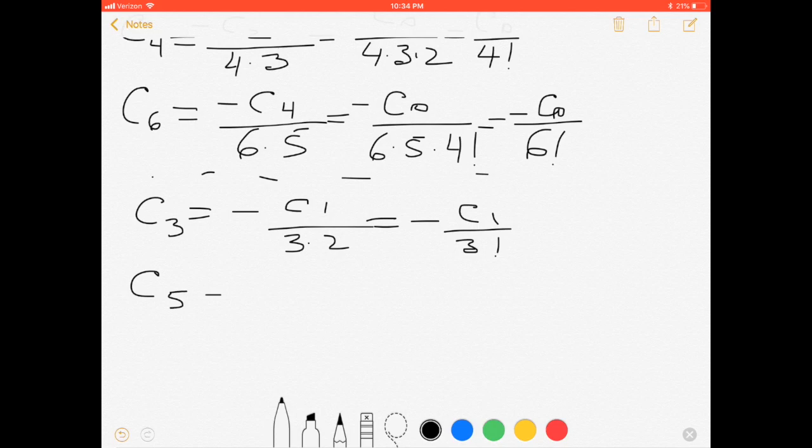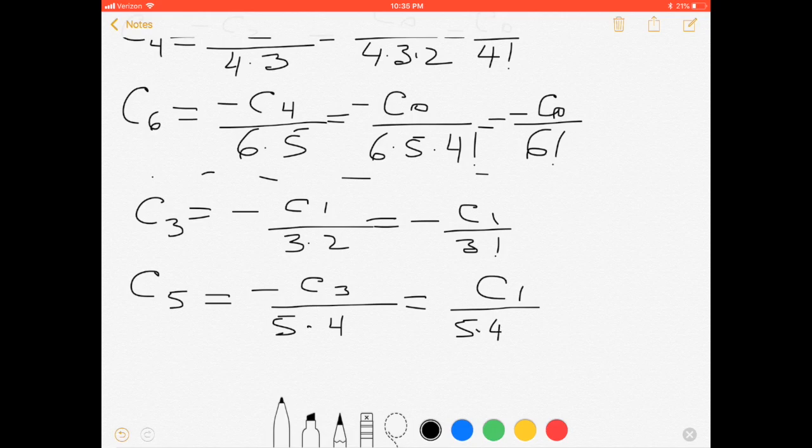Okay, C5, what will this be? Minus C3, 3 plus 2 is 5, 3 plus 1 is 4, or plug in C1, you have C1, 5 times 4 times 3 factorial, it will be C1 over 5 factorial.